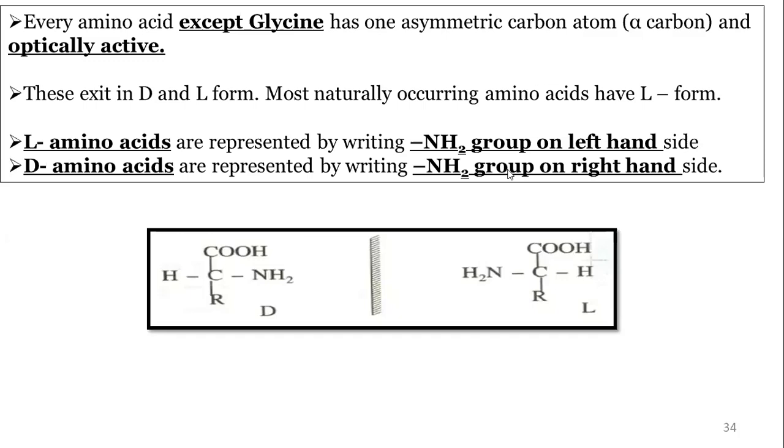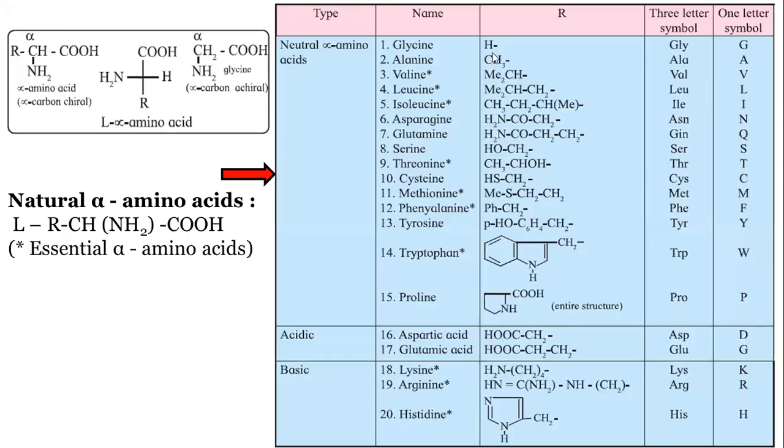So it doesn't have an asymmetric carbon atom. Why doesn't it have? Tell me the perfect answer. Because in case of glycine, the R group is hydrogen.